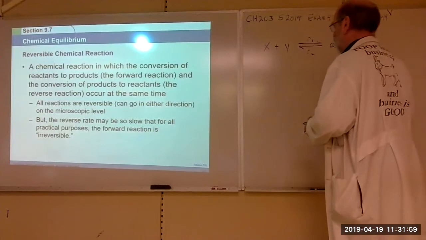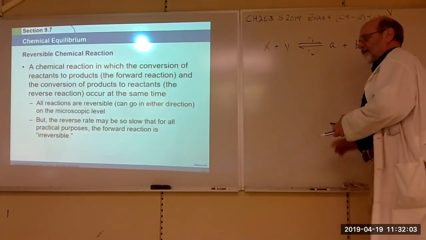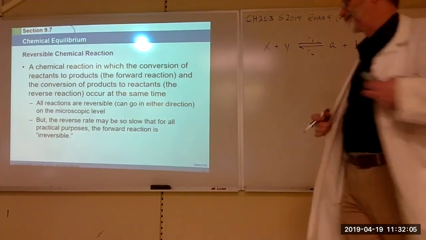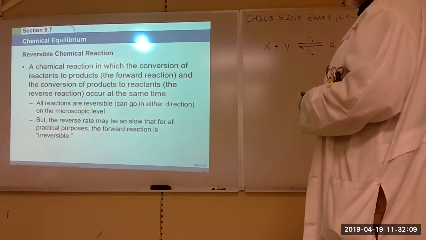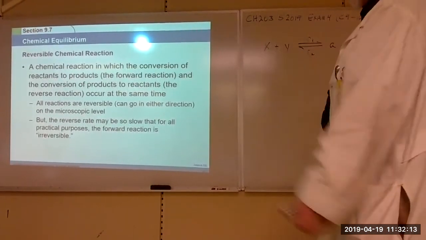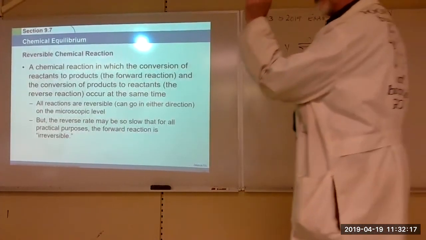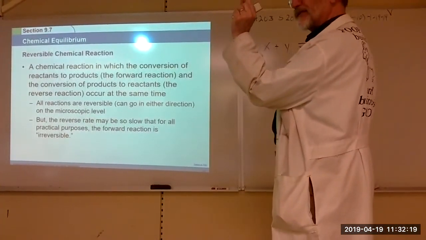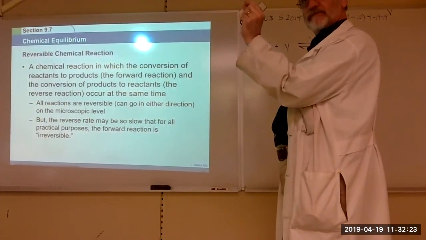What do we mean by a reversible reaction? Well, a reversible reaction is one that can go in reverse, right? And if you shorten the time frame down to an infinitesimally small amount, all reactions are reversible.